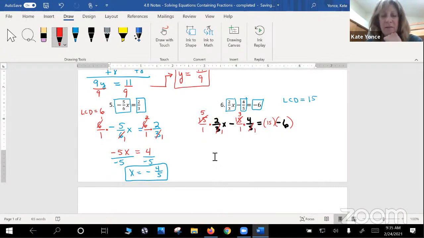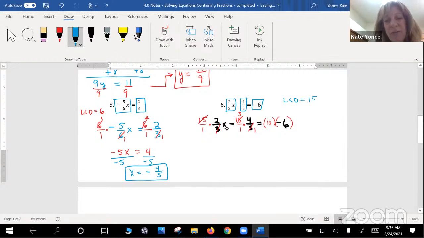Well, remember what we're really doing: we've determined that 3 goes into both 3 and 15, so we're really dividing by 3, and 3 divided by itself is 1.